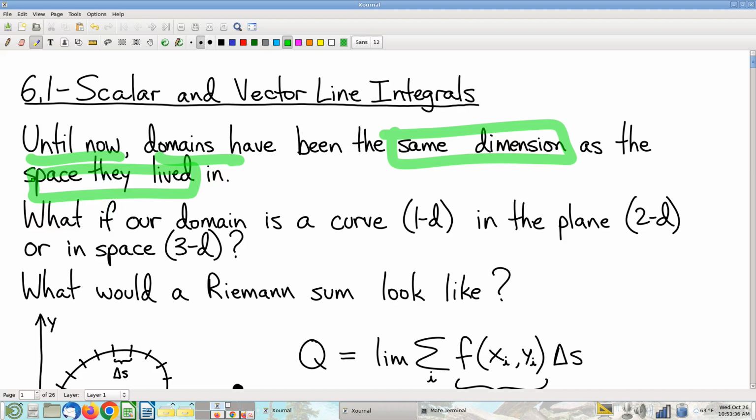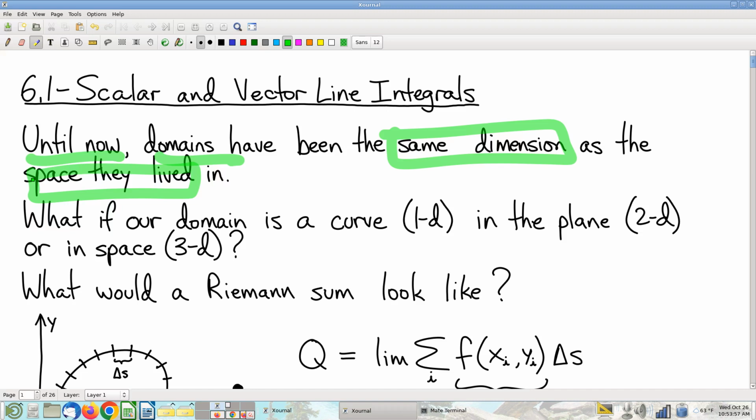If we're in 3 dimensions, we have a 3-dimensional solid living in a 3-dimensional world. Those numbers have always matched up. They don't have to, right?